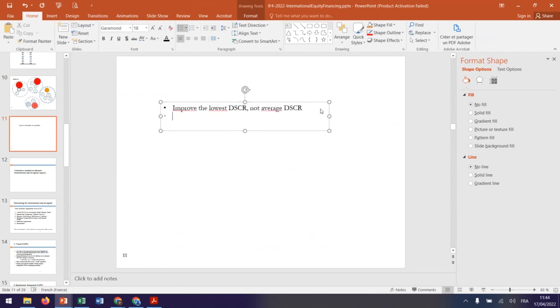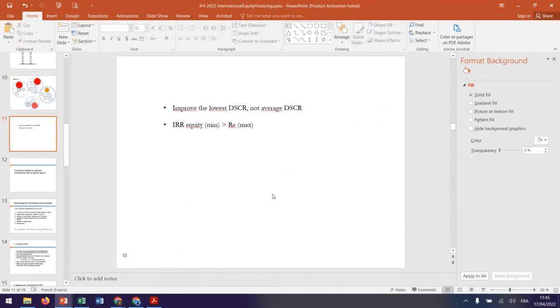And from the equity side, you want to ensure that your minimum equity IRR is bigger than the maximum KE. This is the key point of the analysis that we have done so far.